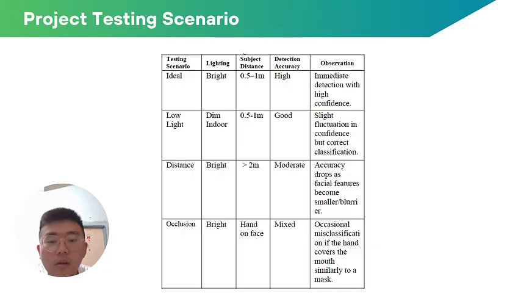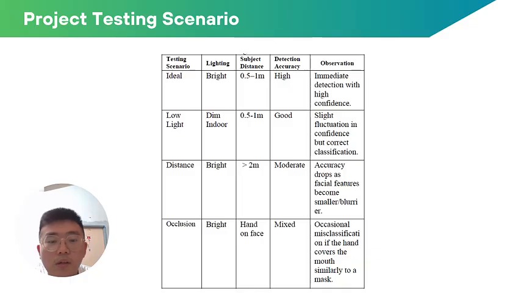Next, we tested low light condition like a dim indoor room. The result was still good. We noticed a tiny bit of fluctuation, but the system still correctly classified the image. Then we tested distance. When the subject moved more than 2 meters away, the accuracy drops to moderate.